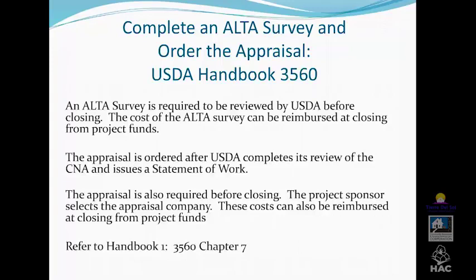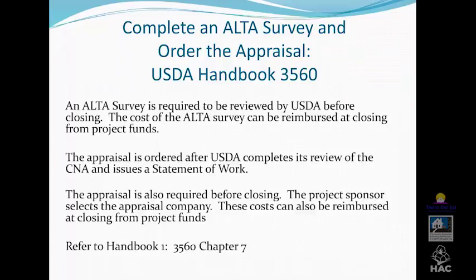and then that chunk of your application can kind of just put the lid on it for a bit, because once the plans are approved, the project can be put out to bid, unless you're an owner builder, if you're going to do it yourself.